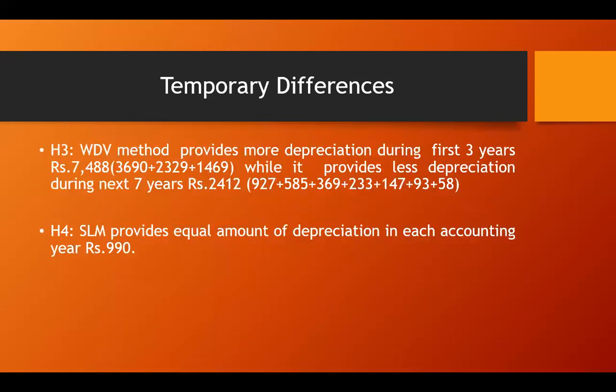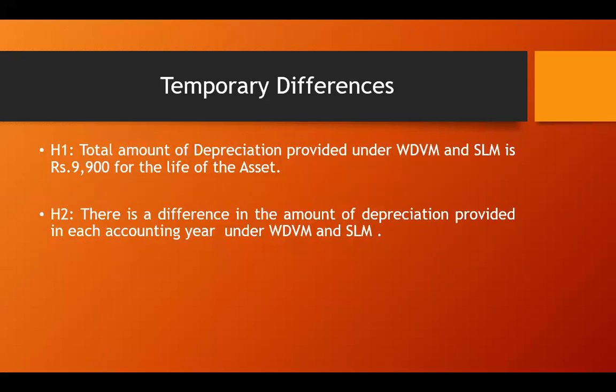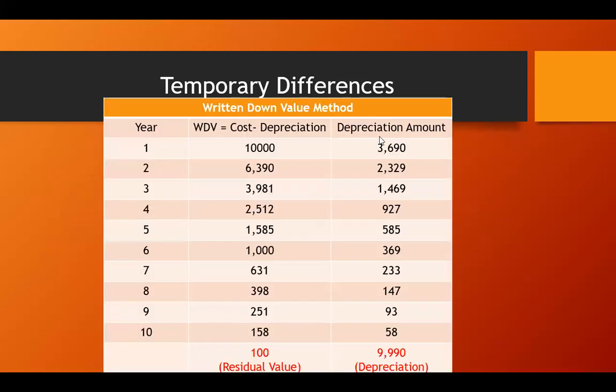And the third hypothesis is that the WDV method provides more depreciation during the first 3 years. Just count the amounts: 3,690 in the first year, second year 2,329, third year 1,469. Means 4 digits in the first 3 years. Later on 3 digits. Finally, it comes to 2 digits. So the cost of the asset is 10,000 rupees.